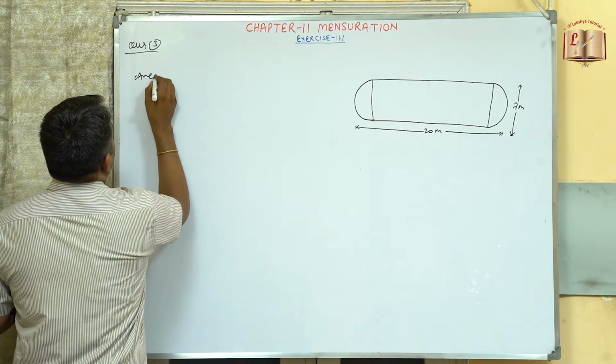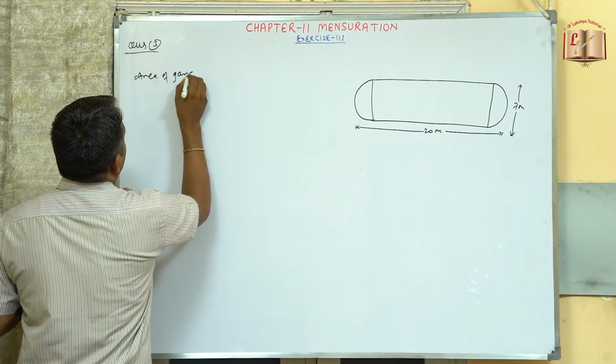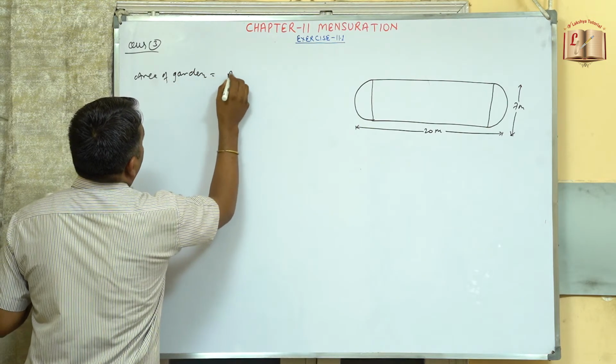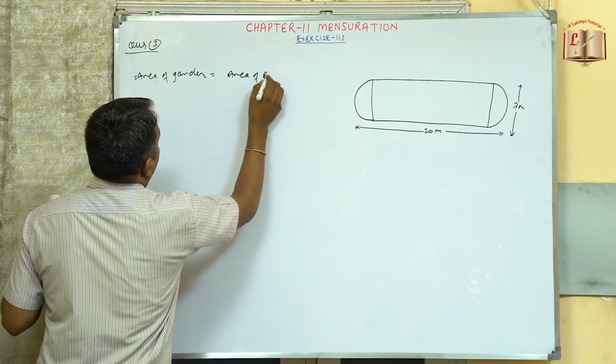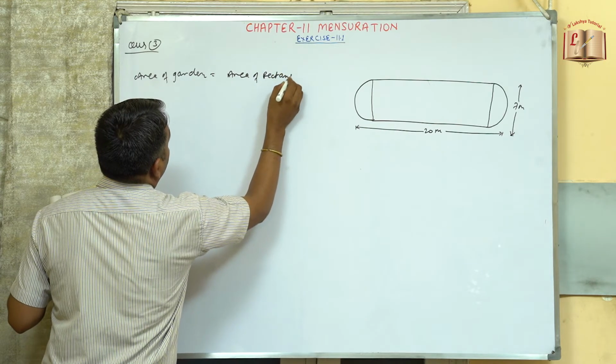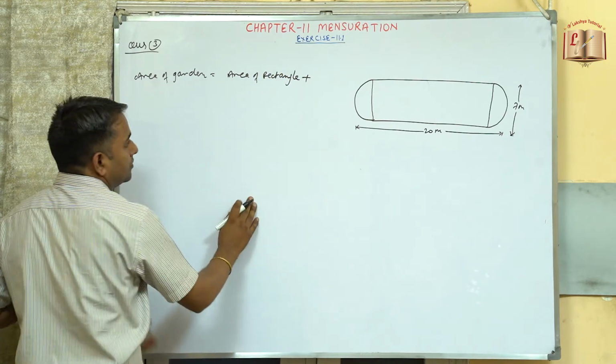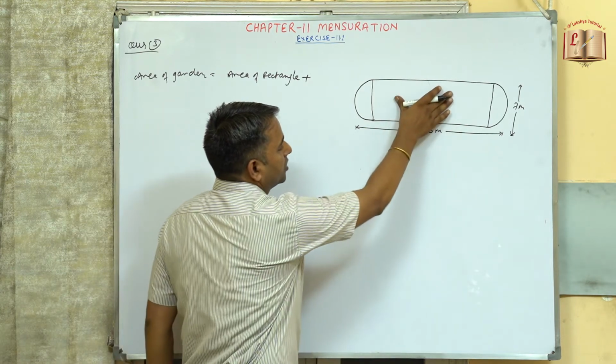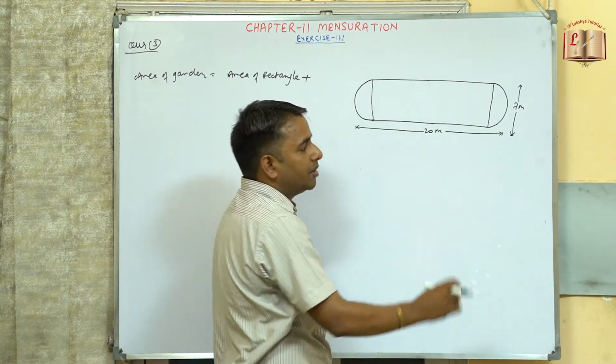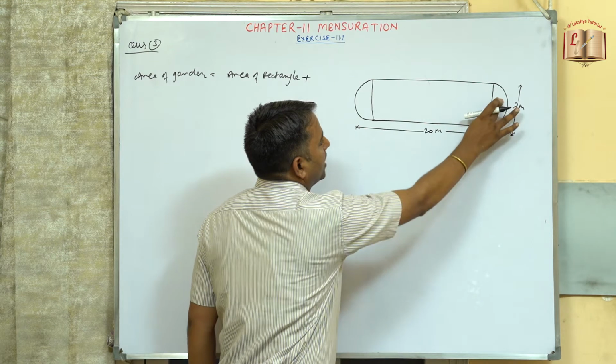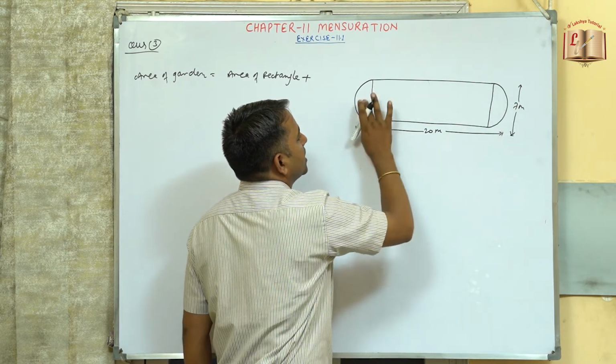So area of garden will be area of rectangle plus area of these two semicircles.